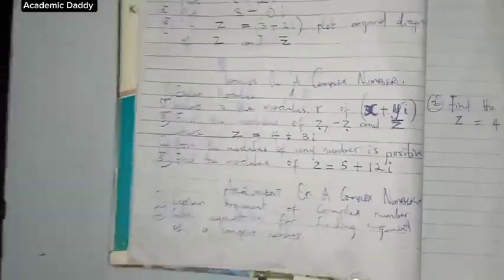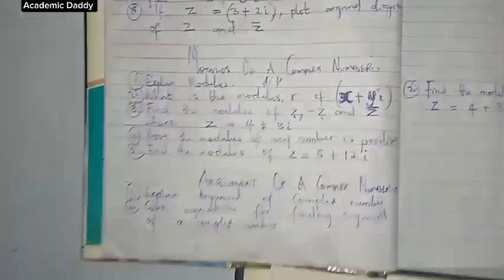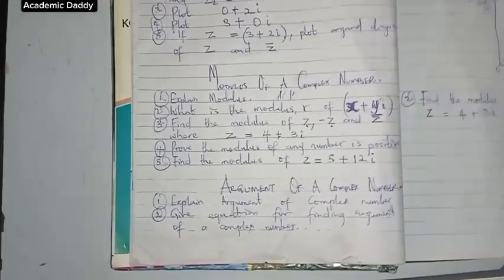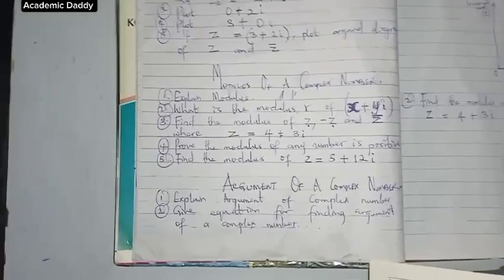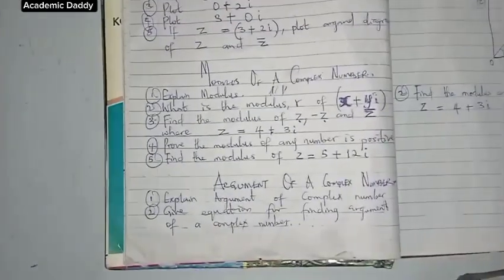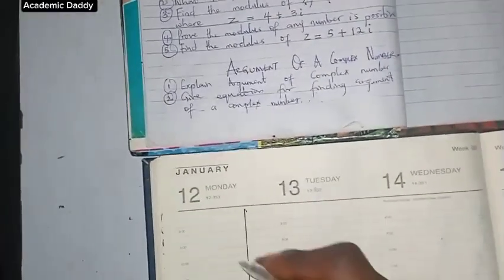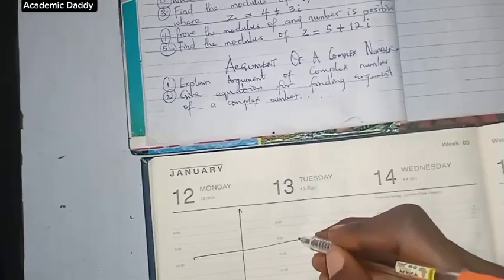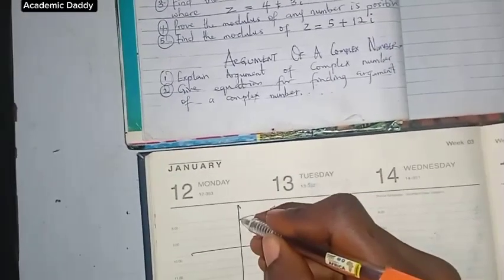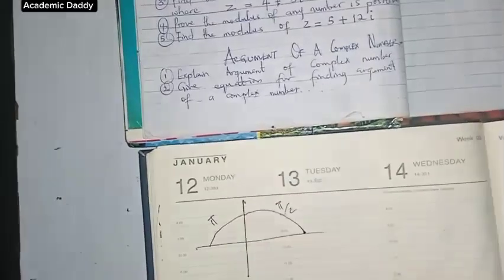Alright, now let's move to the next topic, which is the argument of a complex number. If you don't call it argument, you call it angle. This is just you finding theta. Explain argument of a complex number. So for example, I know that from here to here is pi over 2, and here is pi.